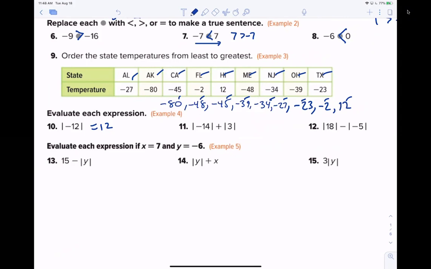Can distance ever be negative? No. You don't say I'm -6 feet tall. There's no such thing. I can't say I'm -6 miles from my house. There's no such thing as negative distance. Everybody good with this? All right, next.